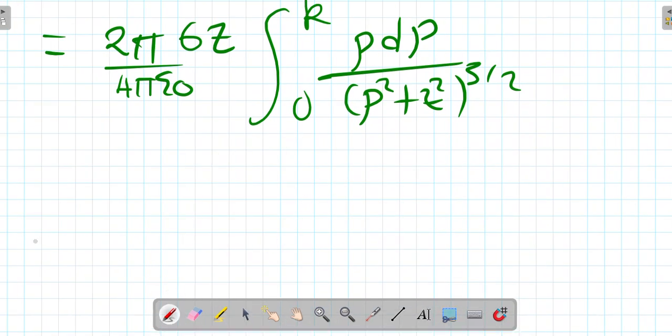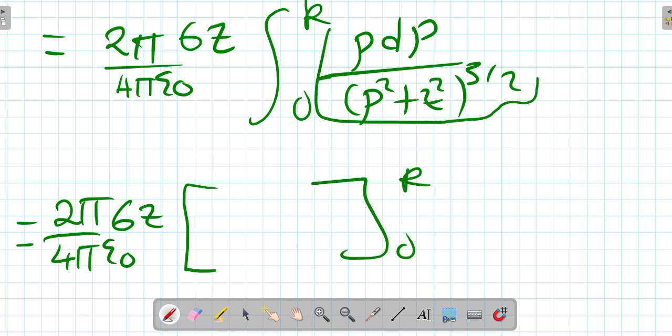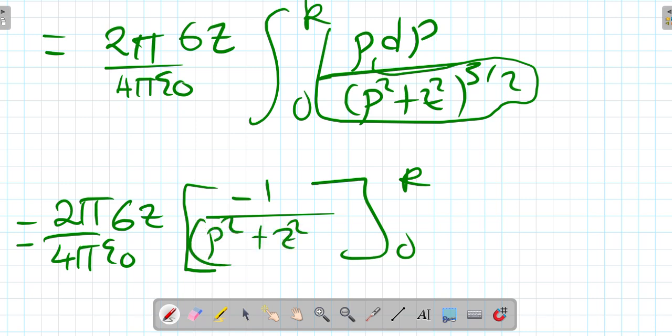This is what it's going to give us. So here we're going to say 2 pi over 4 pi epsilon 0 sigma z. Then when you integrate, this is what you're going to have. In integrals you put from 0 to r. So once you integrate this part, the answer is going to be negative 1 over (rho squared plus z squared) to the power half.